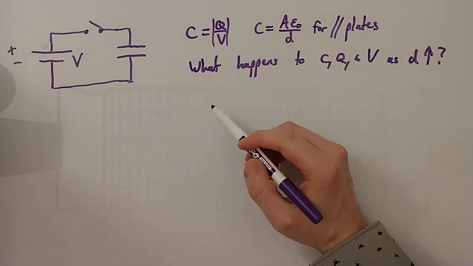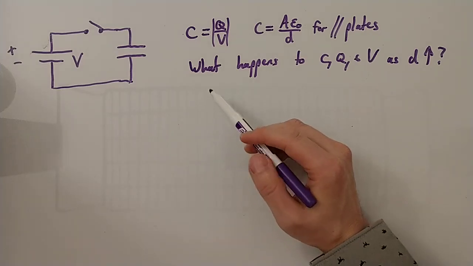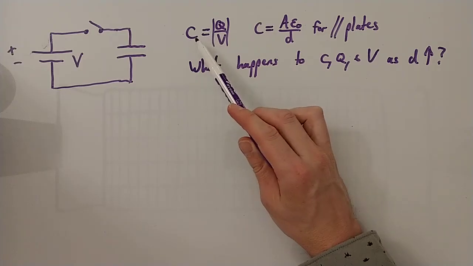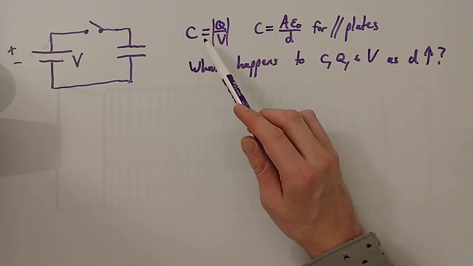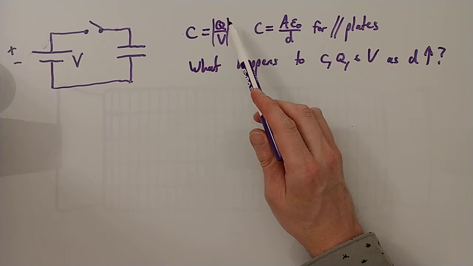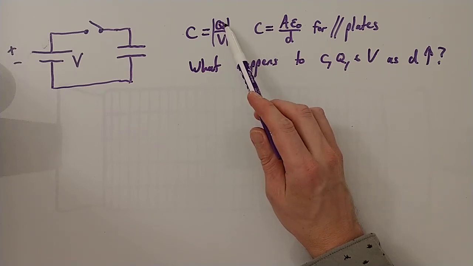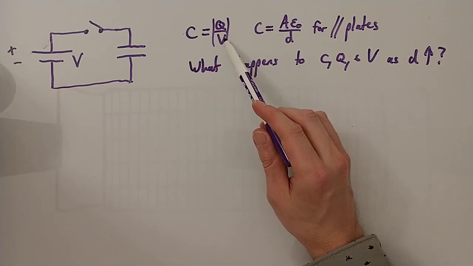So you might remember that for capacitors, we define the capacitance of a capacitor, its ability to store potential energy, as Q divided by V, the amount of charge Q that gets put on the capacitor divided by the potential difference across that capacitor.